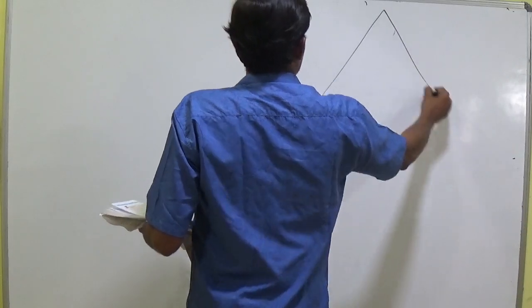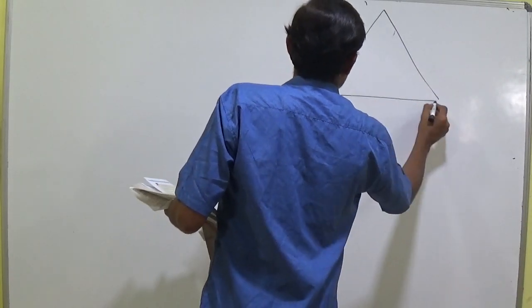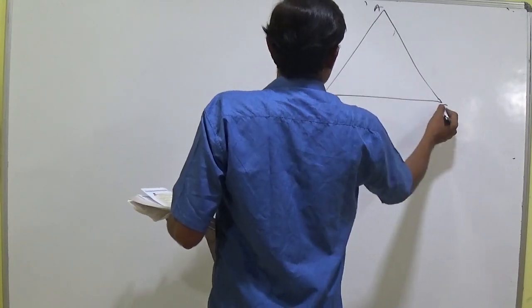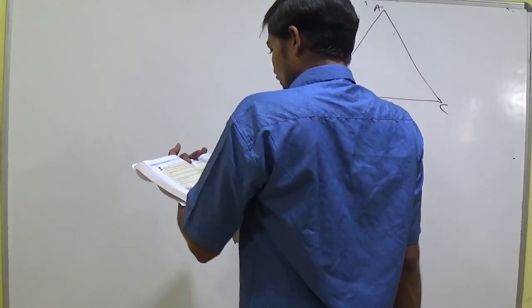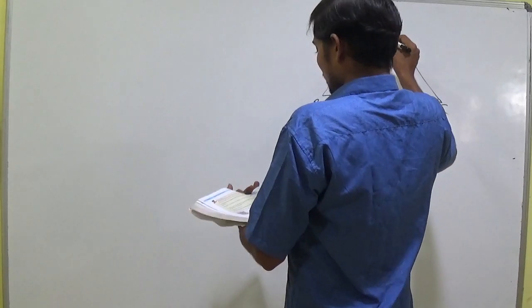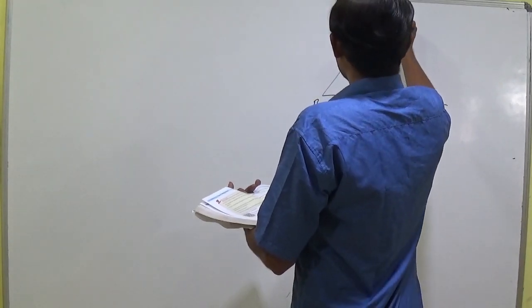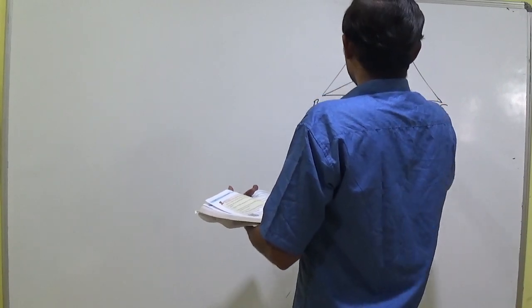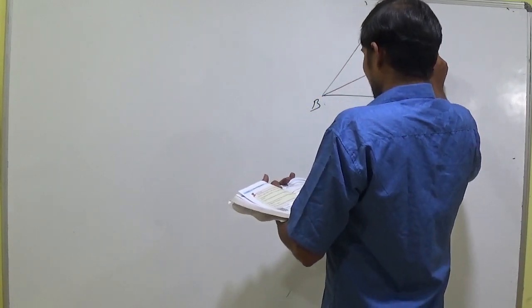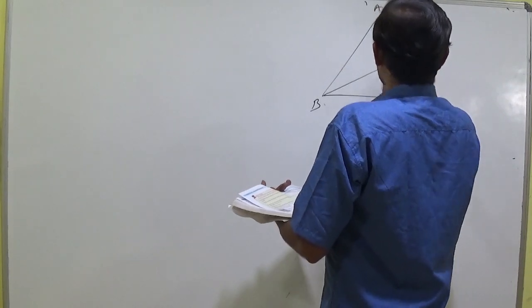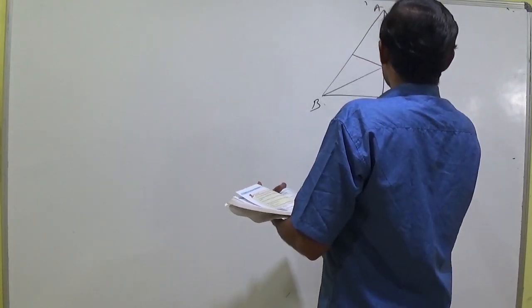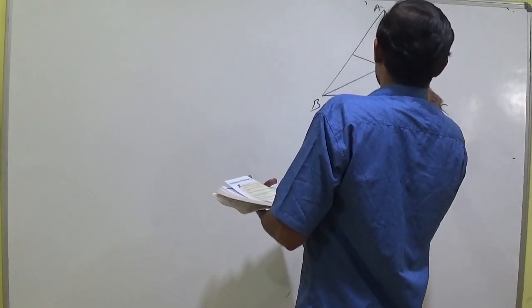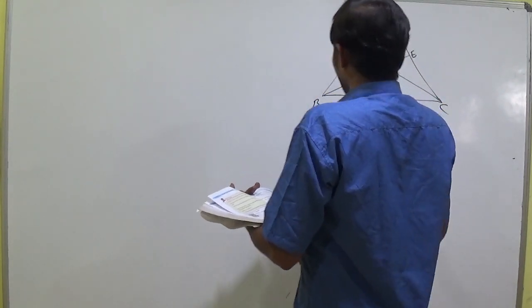A triangle is given here, A, B, C. This is the midpoint and this is the midpoint. F is the midpoint of AB.